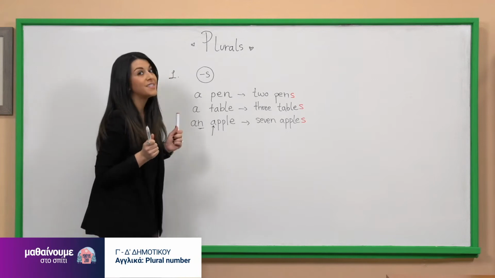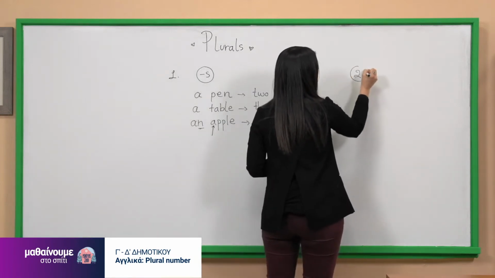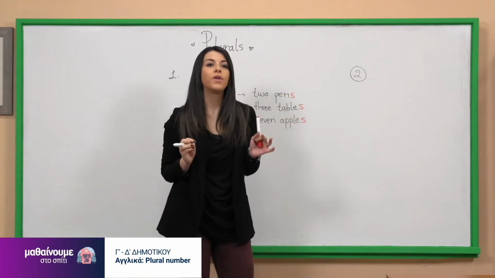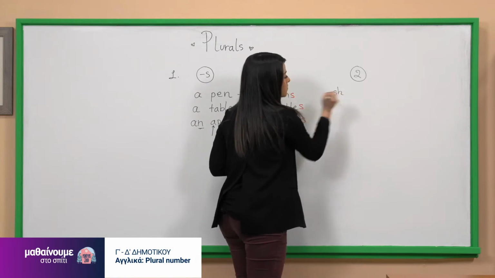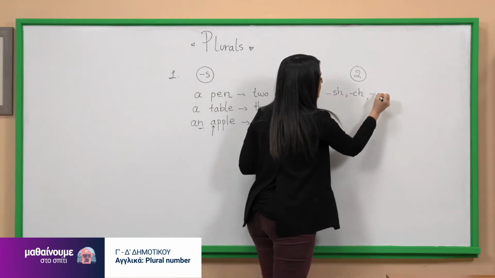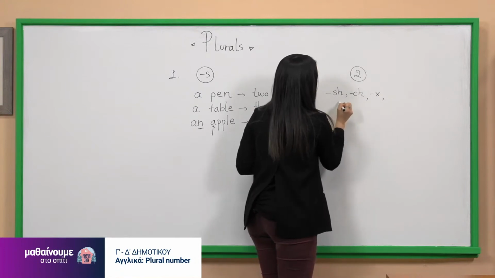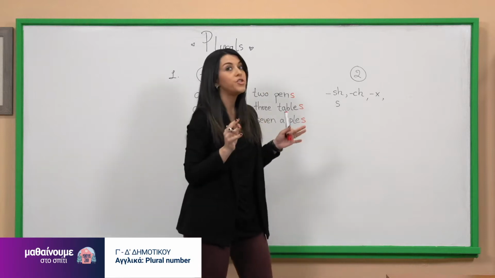Now, let's go to the second one, okay? The second rule. When the noun ends in SH, CH, X, and S, okay, I will add the other one later. What do we do?